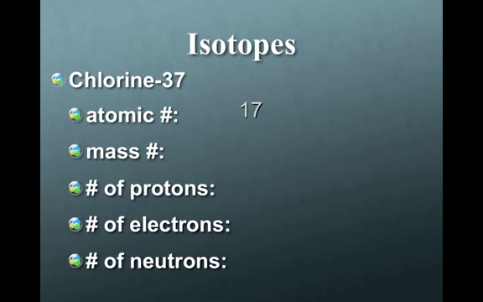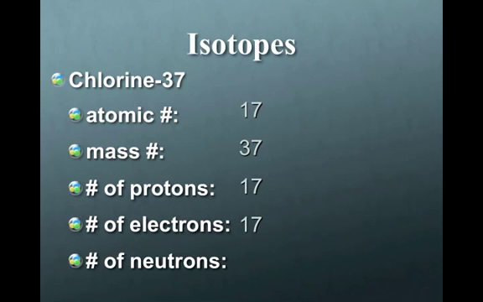That means there are 17 protons located in the nucleus. The mass number, which we get from our notation, is 37. The number of protons equals the atomic number, which is 17, and since this is a neutral atom, the number of electrons is also 17.